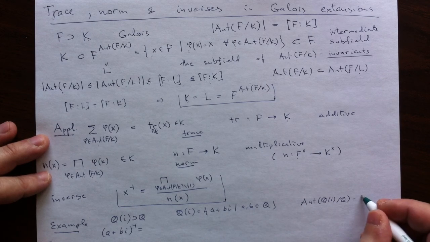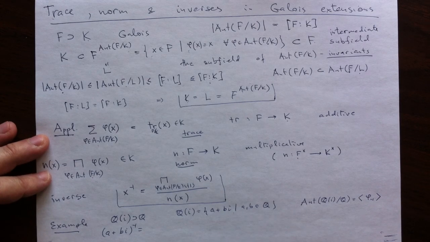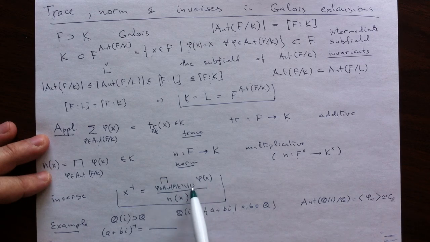I'll just call it phi, negative 1, because it will be taking the inverse of i. As a group it is isomorphic to a cyclic group of order 2, and that is the only non-trivial symmetry, so that is the only factor upstairs.